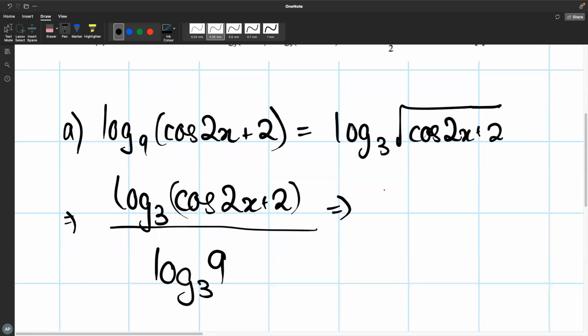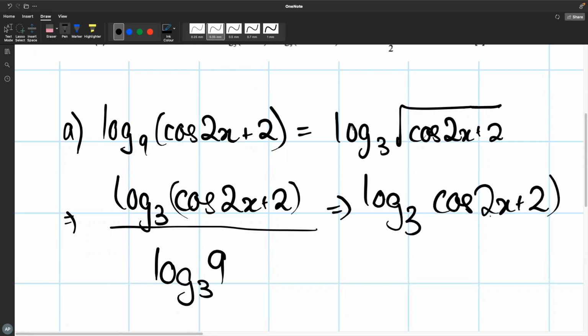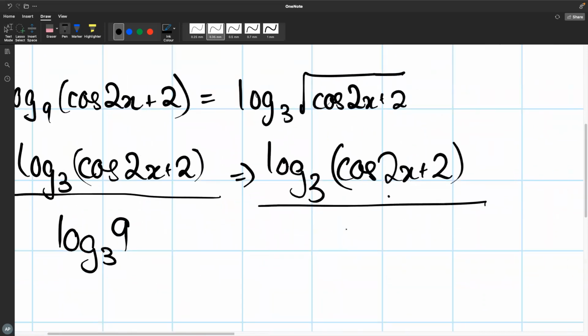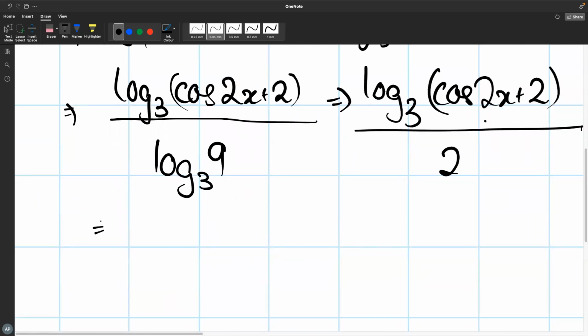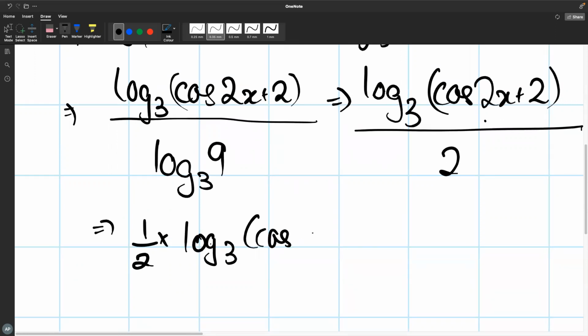Now this is going to be equal to log base 3 cosine 2x plus 2. Now because log of 9 base 3 is just 2, we're going to write this over 2. Now this is essentially just half times log 3 cosine 2x plus 2.